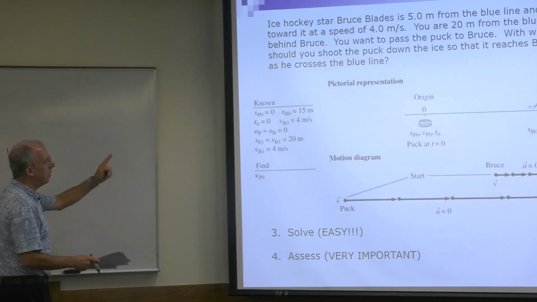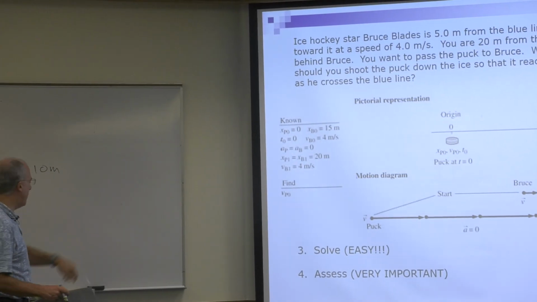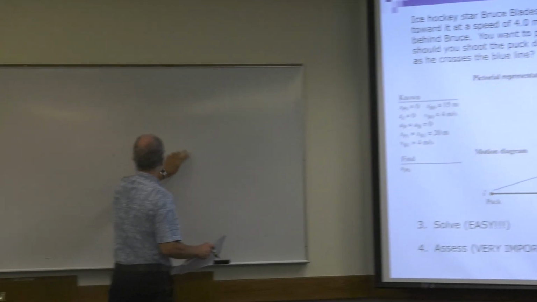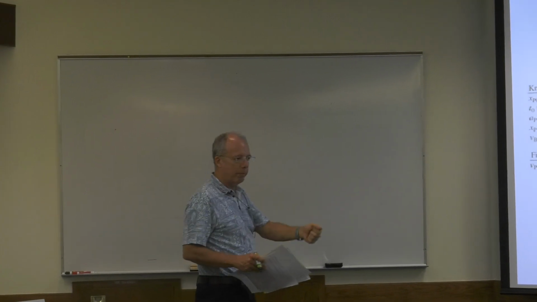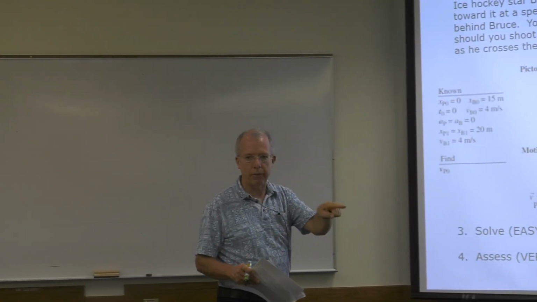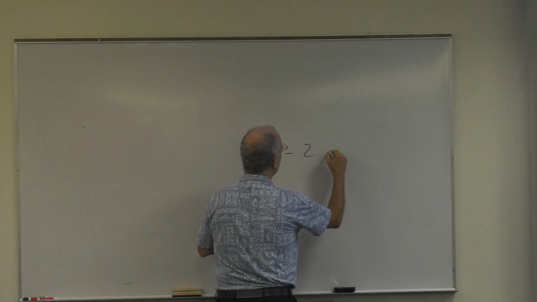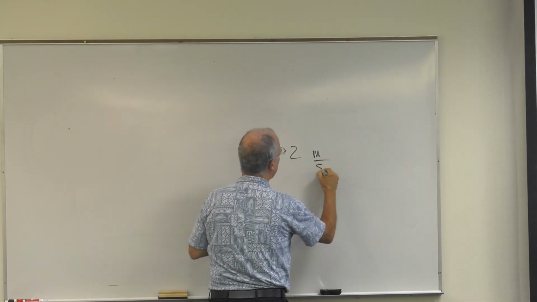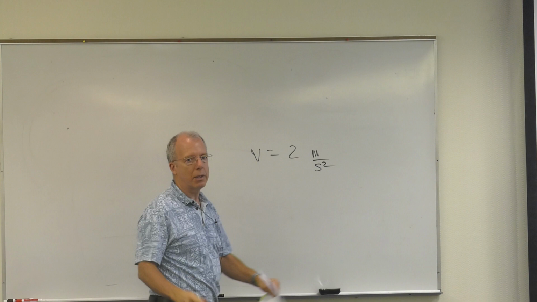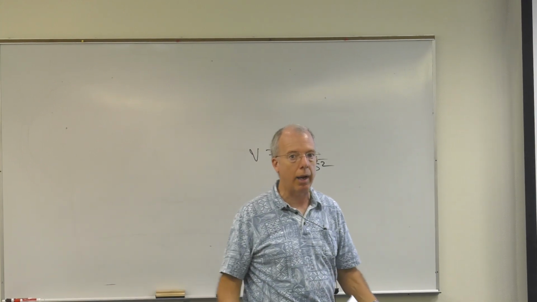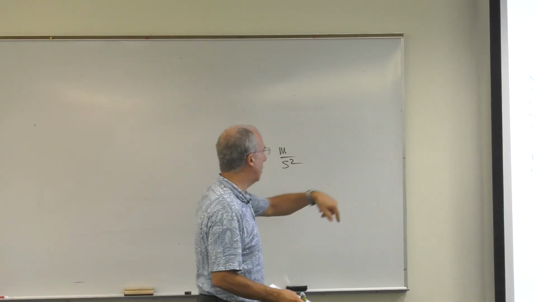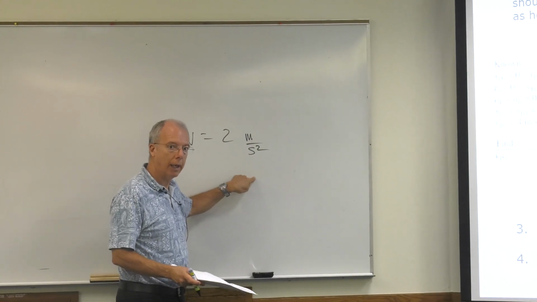Let's say you're supposed to find the speed. So let's say you did all your work, and you were a good student, you kept your units and everything like that, and you came up with something like this: velocity is 2 meters per second squared. What does that tell you? You did something wrong, because speed should be in meters per second, right?